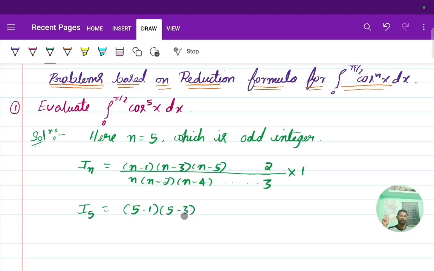Divided by 5 into 5 minus 2, which is 3, so no need to write this term, so into 1.